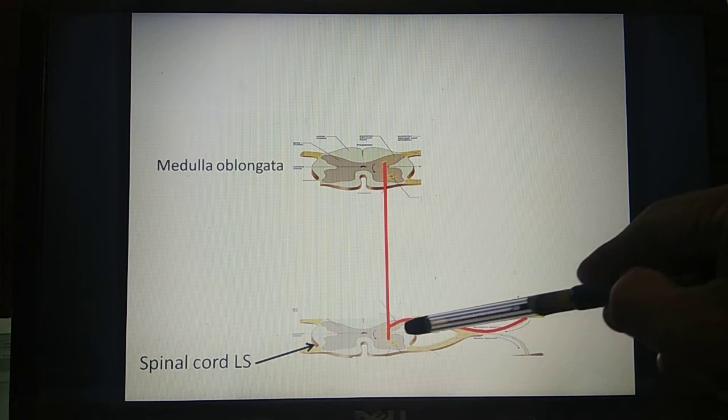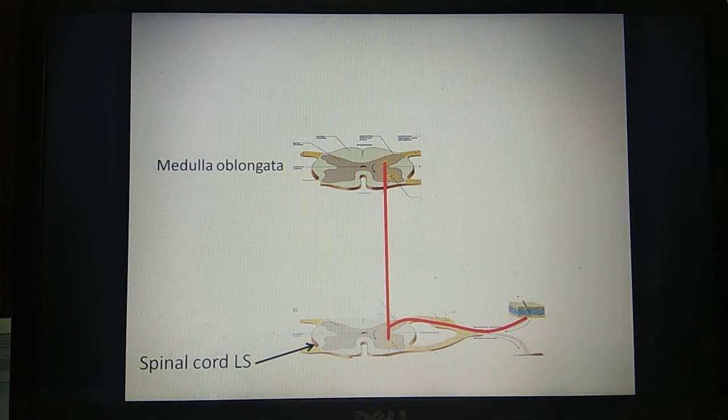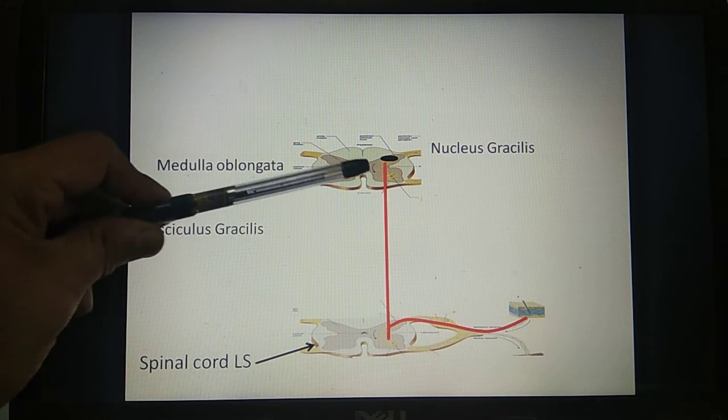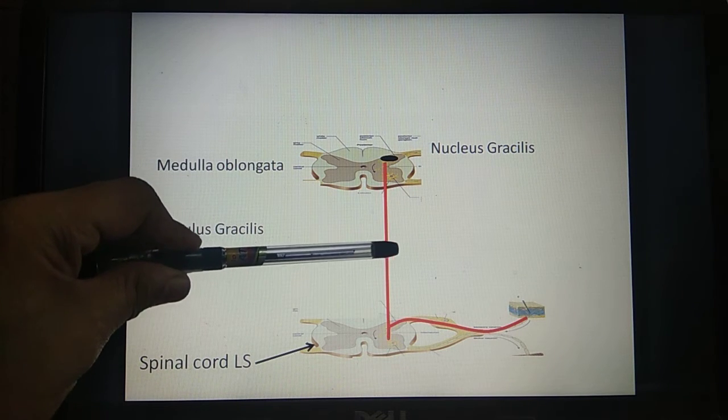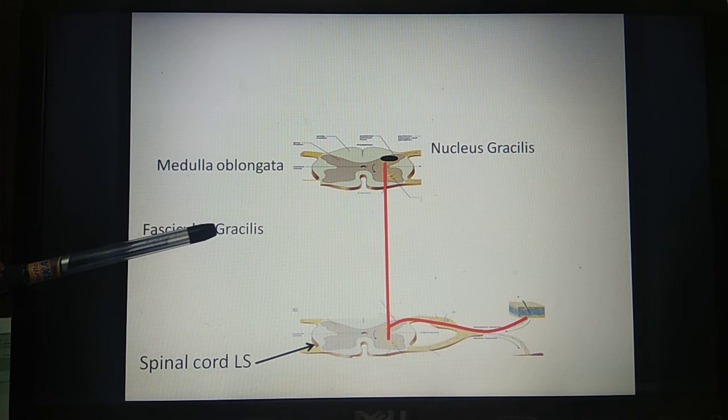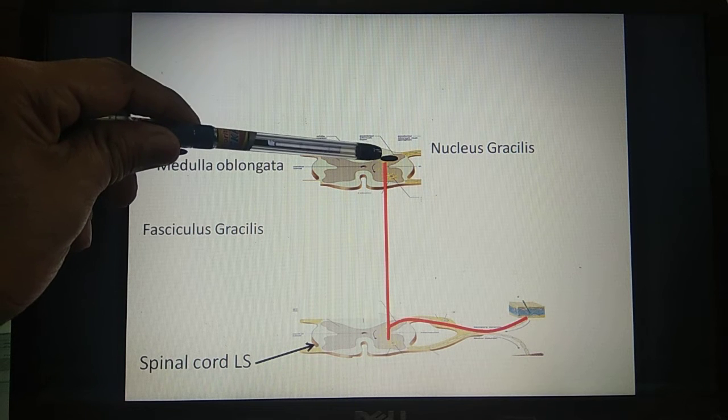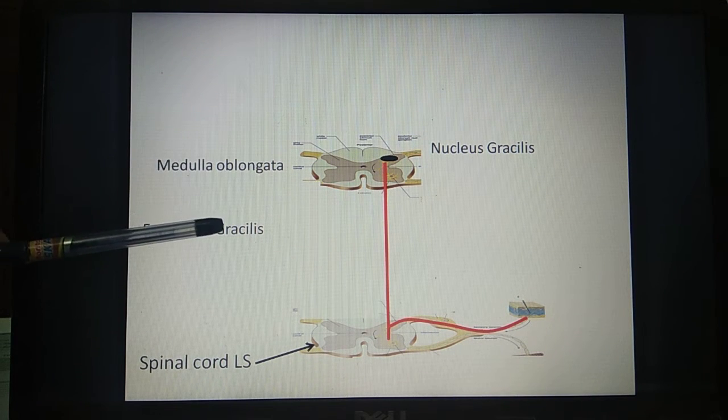The nerve is arising and going up to the medulla oblongata. It is ending in some nuclei here. This nucleus is called the nucleus gracilis. Now this bundle or fiber or tract is called the fasciculus gracilis. As it is ending in the nucleus gracilis, the bunch of fibers is called the fasciculus gracilis.